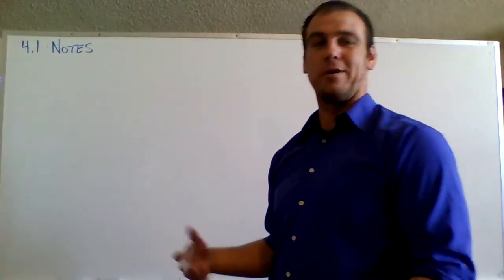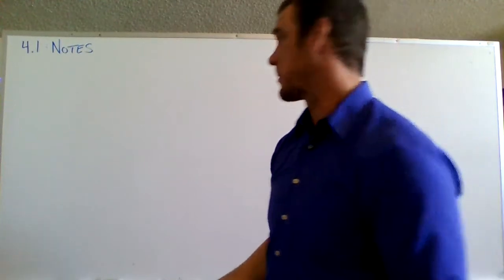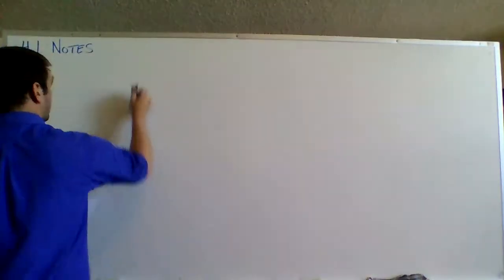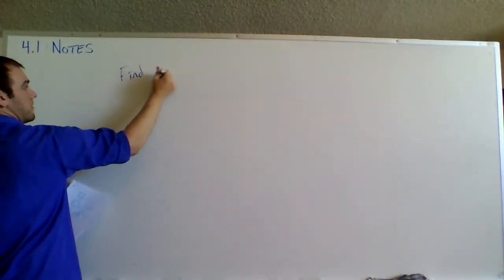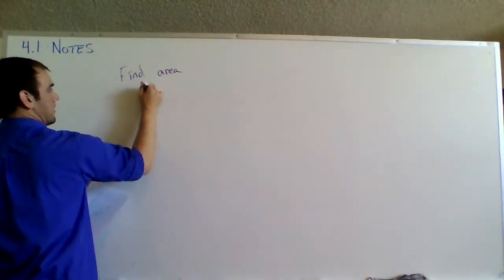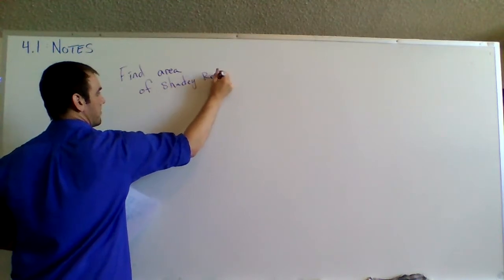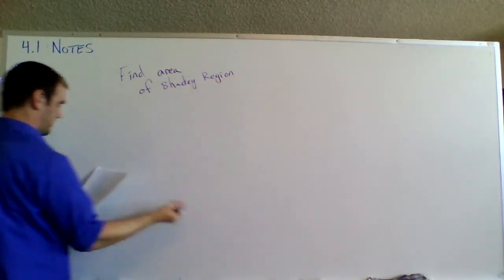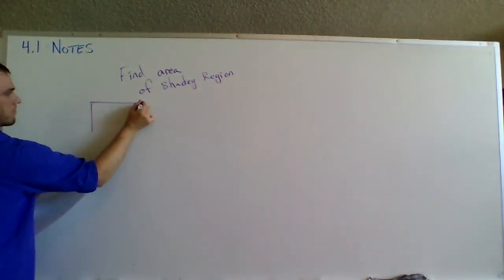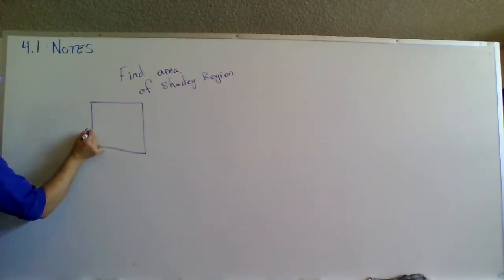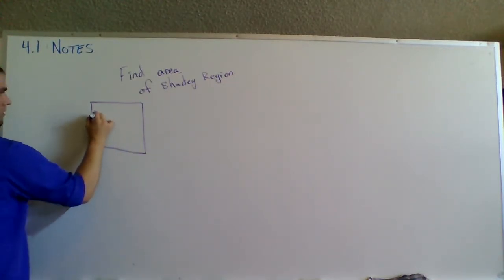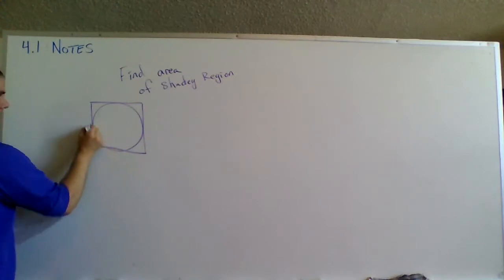So, we're going to have a bunch of circles and squares. So we're going to find the area of the shady region. Okay, so this is a square with a circle on the inside of it.